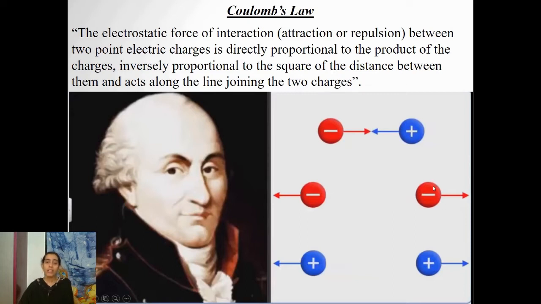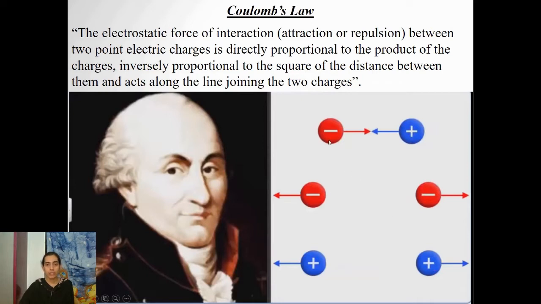right? According to this Coulomb's law, what does it state? It states that the electrostatic force of attraction or repulsion between any 2 point charges may be negative-positive, or negative-negative, or positive-positive.